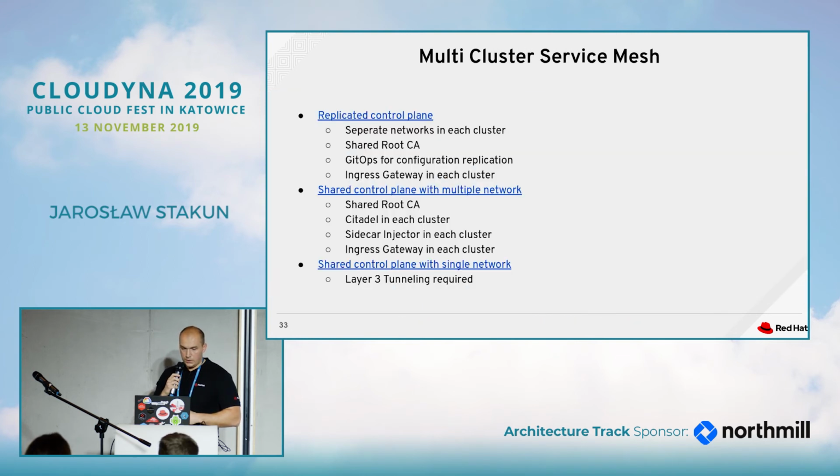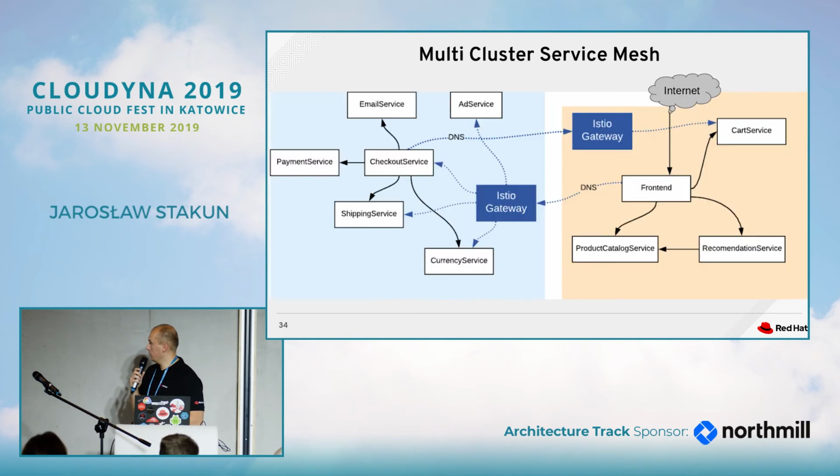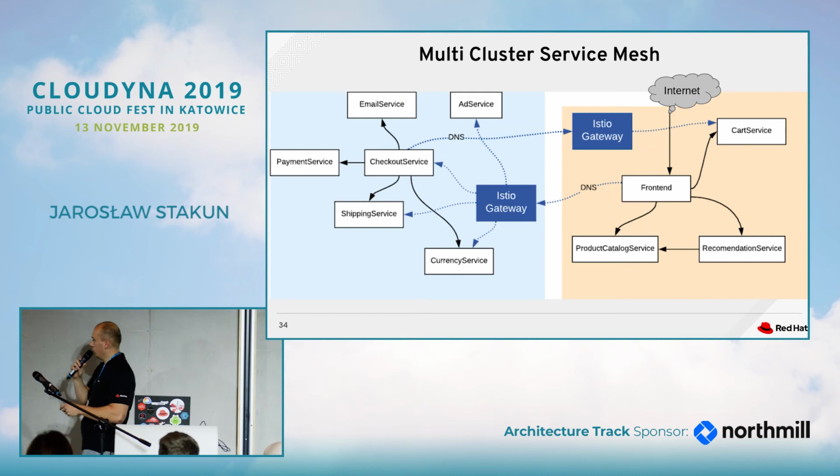There are two other options here, where you might have just one shared control plane. The difference between those two is that either you have a single network or you have multiple networks. Again, this means that either there is a common network, so you can connect these two meshes into one network, or they are totally separate.